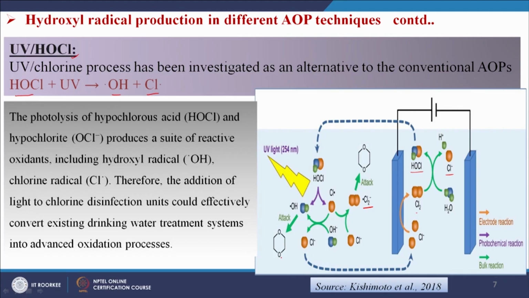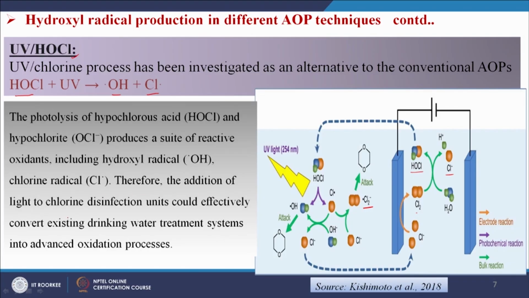So, this is the mechanism of the UV HOCl process, and the photolysis of hypochlorous acid and hypochlorite, OCl minus, produces a suite of reactive oxidants including hydroxyl radical and chlorine radical.